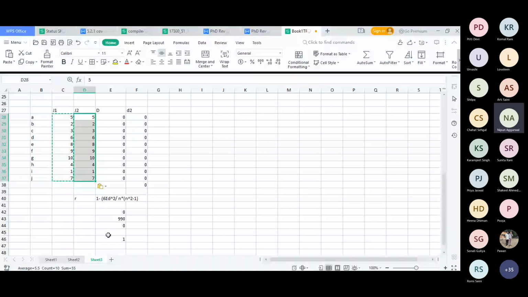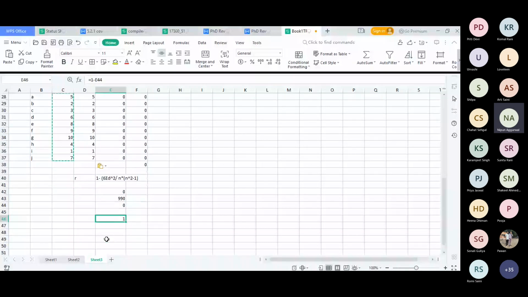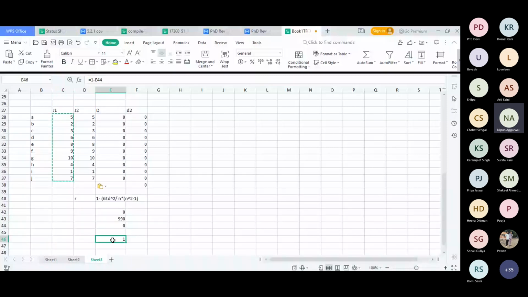So logically, if the two sets of data are the same, the answer should be 1, and by the formula it also comes out to be 1, which shows the perfect positive correlation: each and every value, if one gives the same rank, the other also gives the same rank to the same person.